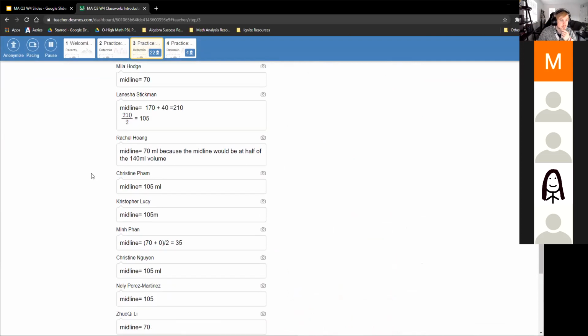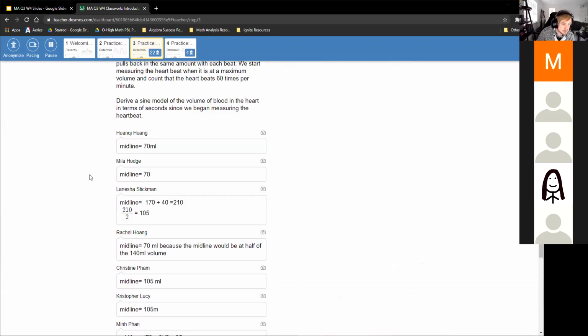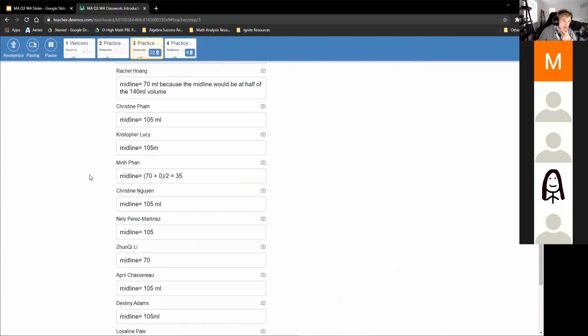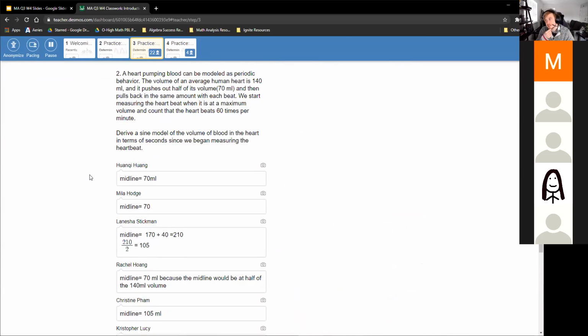In the second one, I see most people seem to have gotten either 70 or 105. That's excellent. If you got either one of those, then you have the right idea, I think.